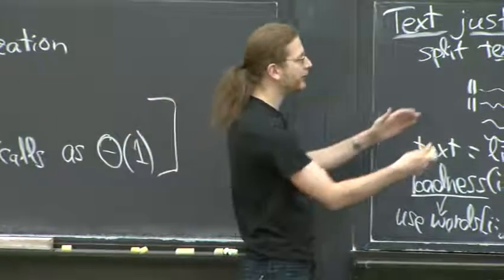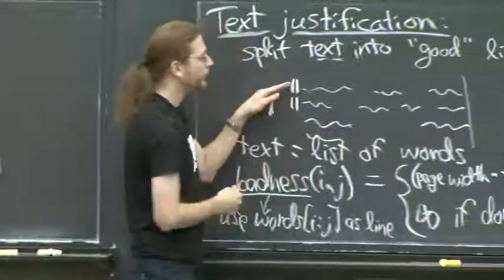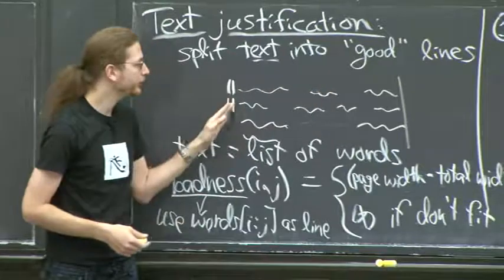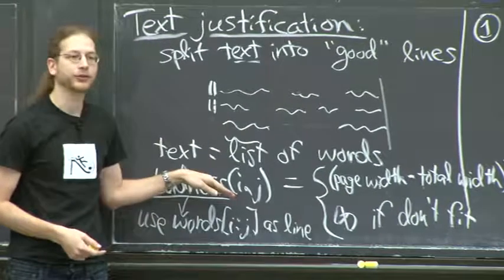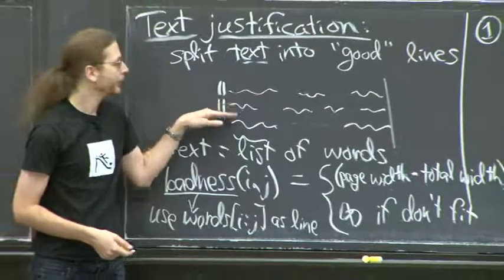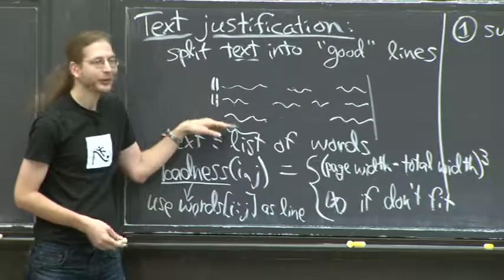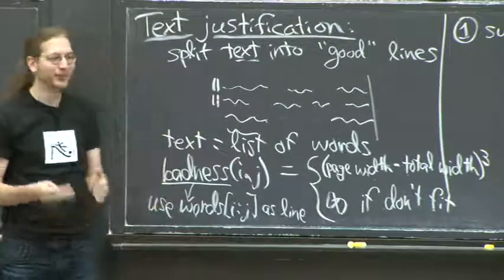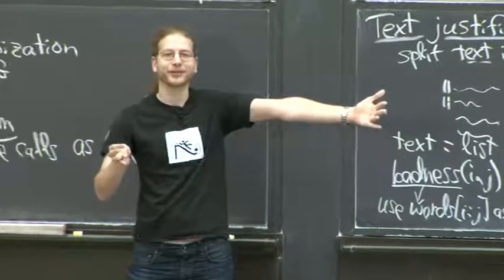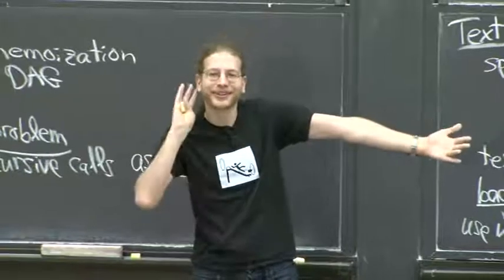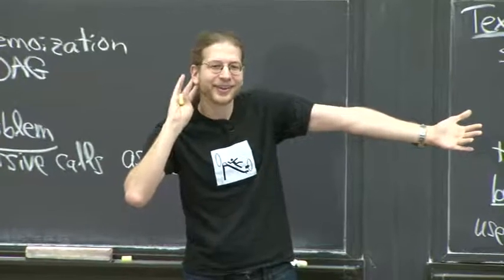OK, so originally, I have all the words. But after I guess where the second line begins, I have the remaining words. What's a good word for the remaining words? If I give you a list of words and I want from here on, it's called what? A subproblem.